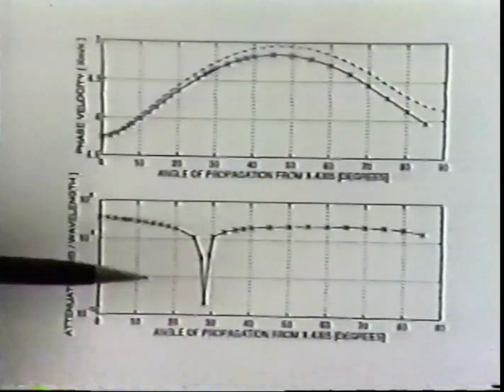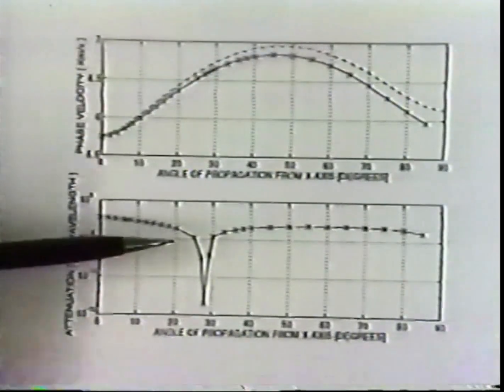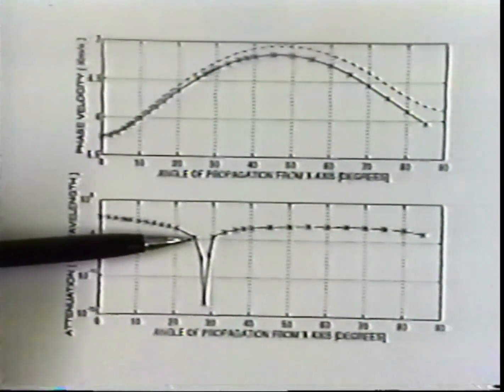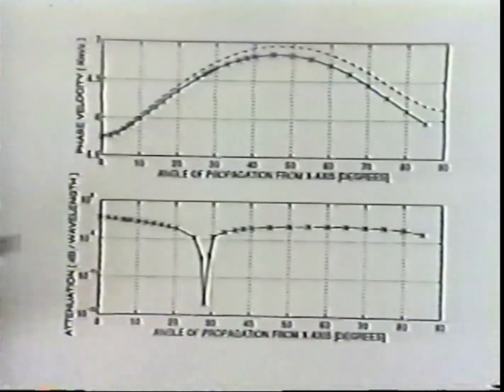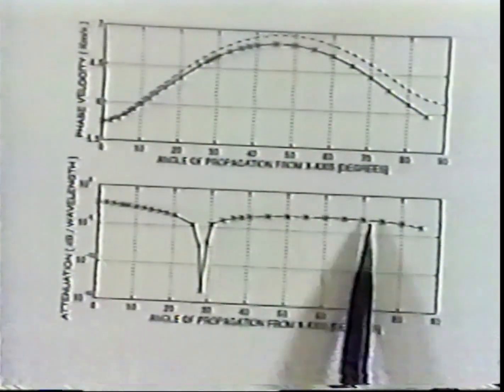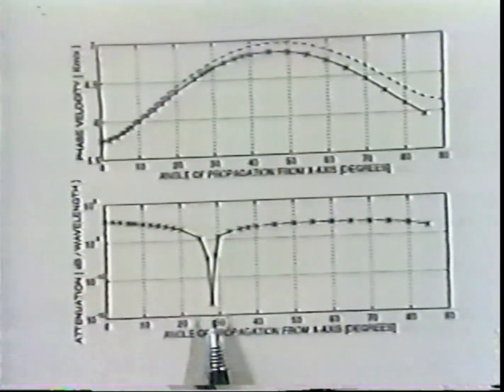In fact, we go down from something like 10 to the minus 5 over here to something like 10 to the minus 14 at this minimum. And what's interesting here is that it's relatively flat, although this is a log scale, except near this critical angle. What is quite remarkable is that this angle is precisely the angle which corresponds to the single-phase unidirectional transducer orientation.